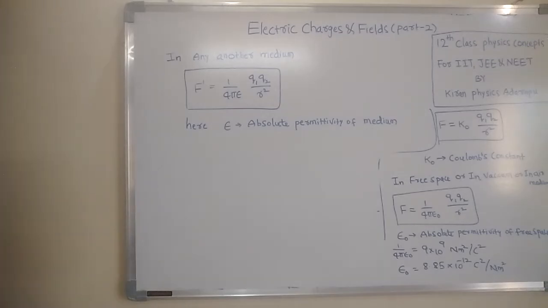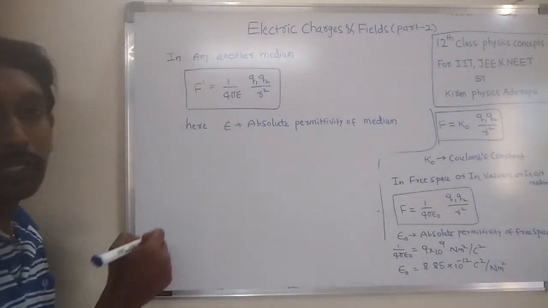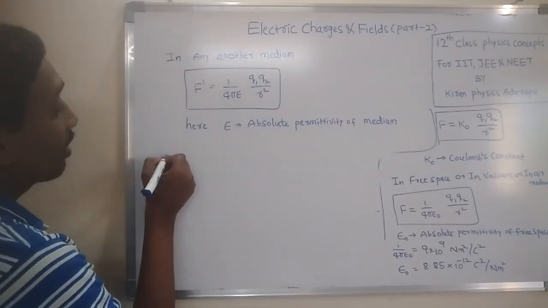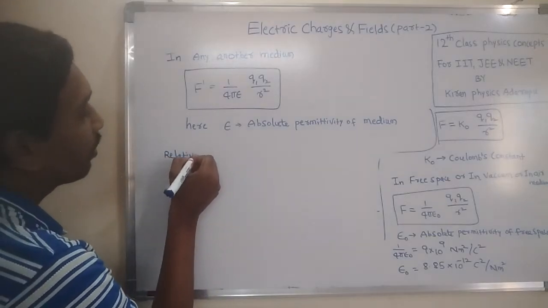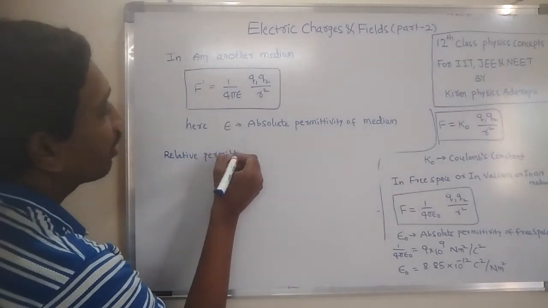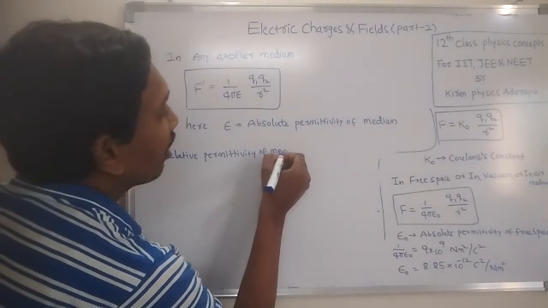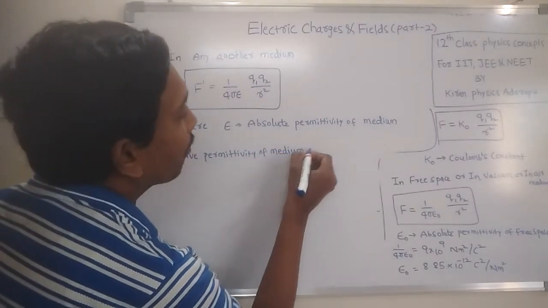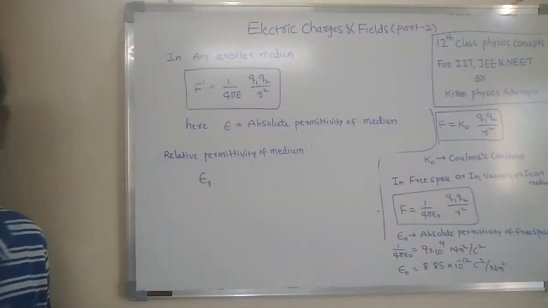So how do we measure the epsilon value? Here also we have to introduce one more constant, called the relative permittivity of the medium, which is indicated by epsilon r.